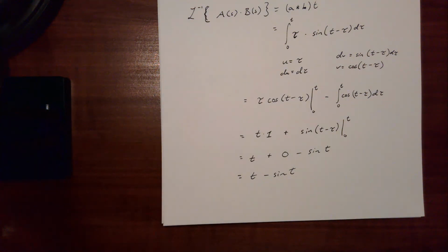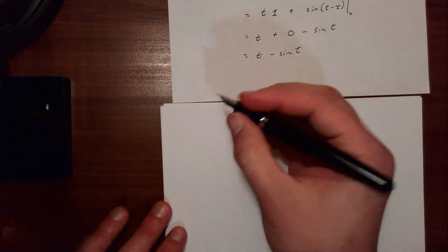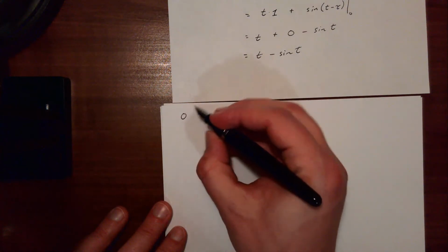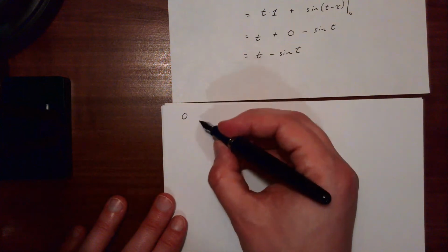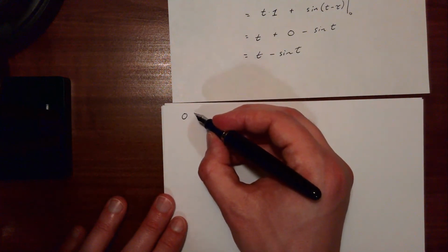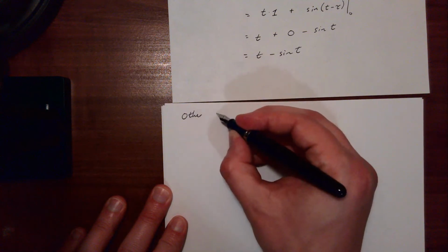And just if you want, here are a couple other formulas that are sometimes found to be pretty useful in finding Laplace transforms. We won't really illustrate them right now, but just so you know that they exist and that you have them in the record, here are some other useful formulas.